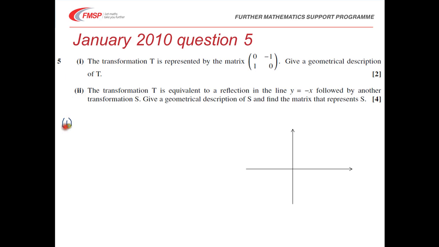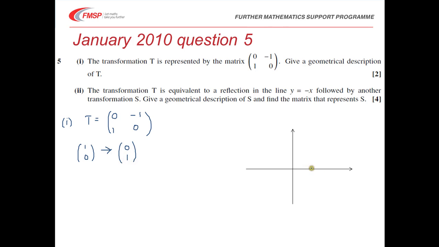In part 1, we are told that this matrix T, which is 0, negative 1, 1, 0, is actually telling us that if the first column is 0, 1, then the unit vector 1, 0 maps on to 0, 1.